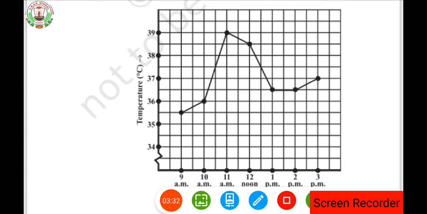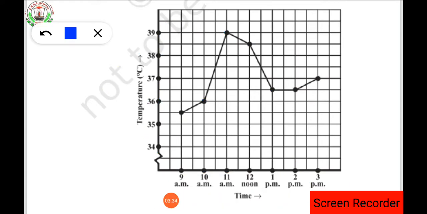So what will be the answer for the A part? At 1 p.m. the temperature of the patient is between 37 and 36, so it will be considered as 36.5 degrees centigrade. Clear? Similarly, in the B part, when was the patient's temperature 38.5 degrees? Here it is asking about time.